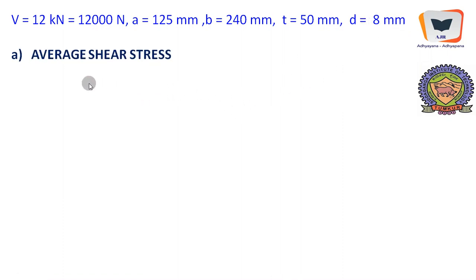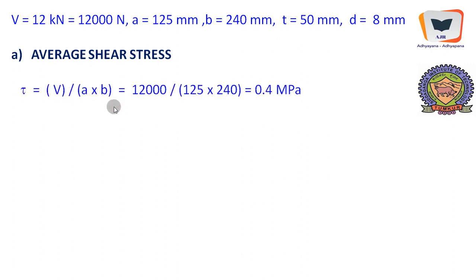Therefore, we can calculate the average shear stress as V divided by area of cross section. V is 12,000, and the area is 125 by 240. We are not cutting the elastomeric bearing, so it should be read as a resisting area. It will give us 0.4 MPa.